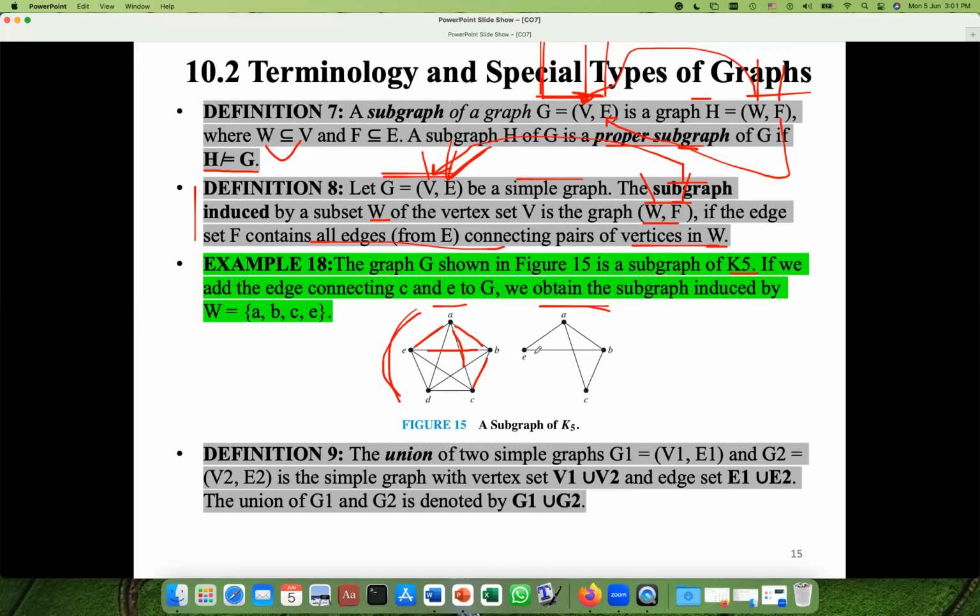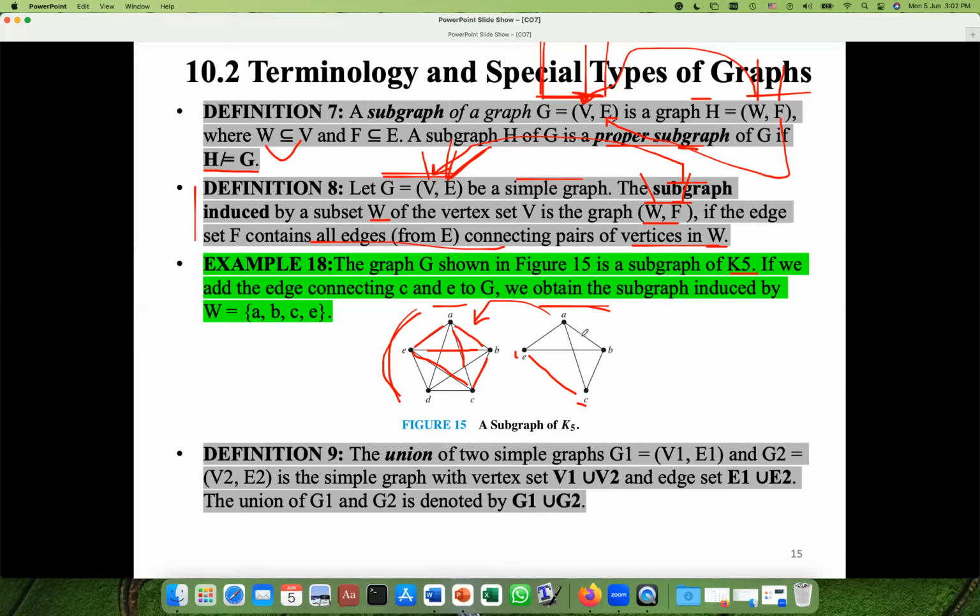Why not induced? Because these vertices, do they have an edge here or not? They have the edge, this one. So all other distinct edges are connected in this W. So without this edge, this graph is a subgraph of this one, but not an induced graph.